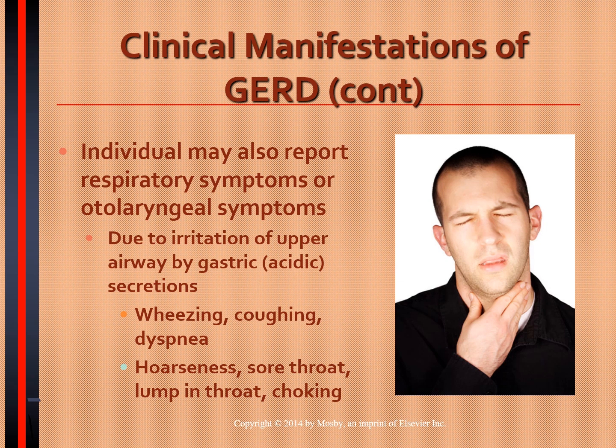So the acid's backing up so far that it's going up the esophagus, down the trachea, and causing respiratory issues. So you'll see wheezing, coughing, dyspepsia, dyspnea, hoarseness, sore throat, lump in the throat, choking. Really, it's a potential for chronic asthma, bronchitis, pneumonia, especially if the patient aspirates, which is a big issue.